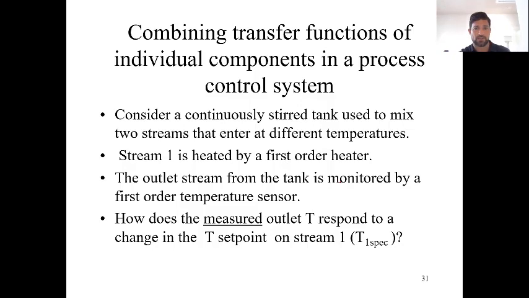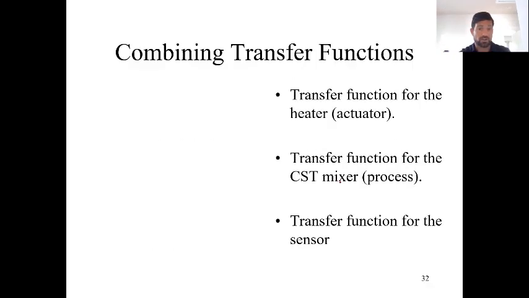And so we're going to look at the case right here of this mixer system that we've talked about in general. If we have a first order heater, I'll introduce a couple things that I'm familiar with because I've done this a lot.